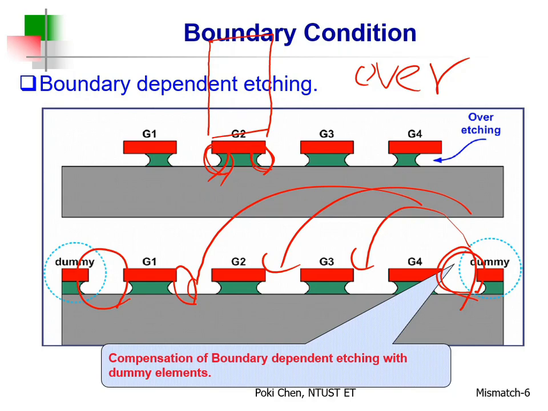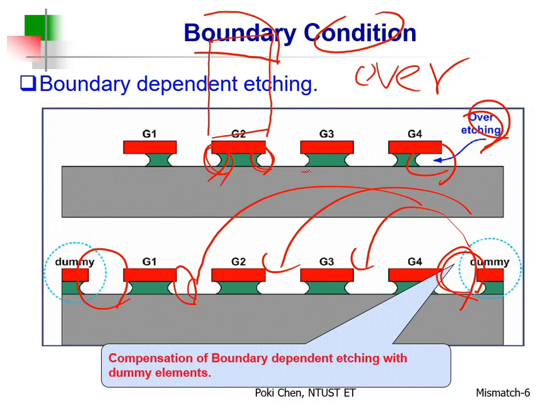So we call it overetching. But what is boundary condition? You get more overetching here. Got it? Don't tell me overetching only happens at the boundary. No, sorry for that. It happens everywhere. And it means for all the lines, the width after fabrication definitely will be narrower or smaller than the layout.